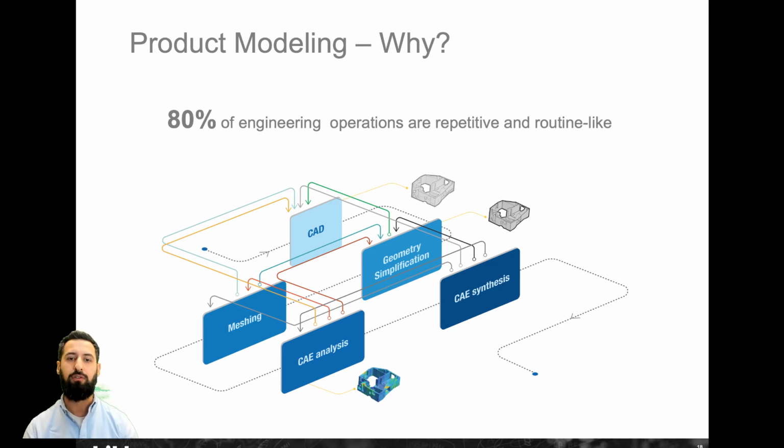You need to do a lot of preparations with the geometry. So you need to simplify the geometry in order to make it mesh friendly. Then you need to mesh it. That is also a quite complex process. Then you need to analyze it, and then there's a synthesis afterwards. Anytime in this process, you may need to go back and change something.